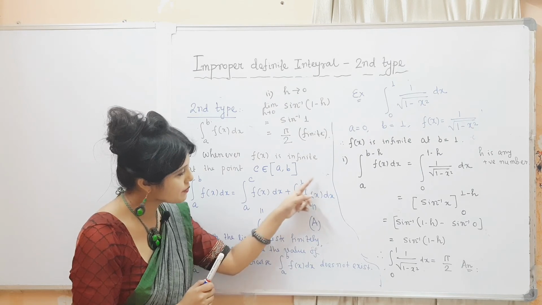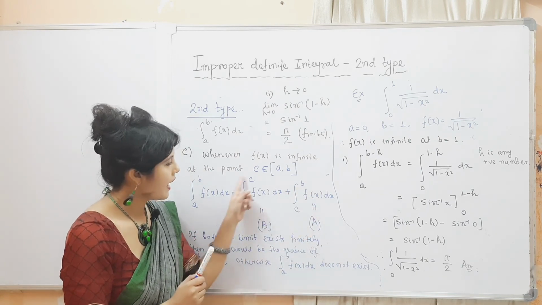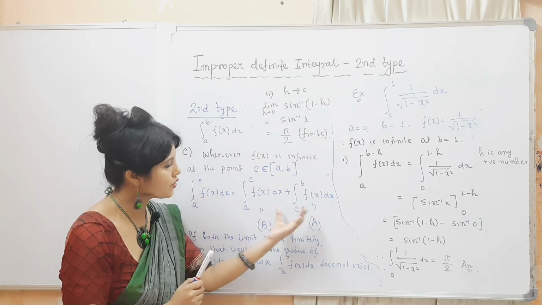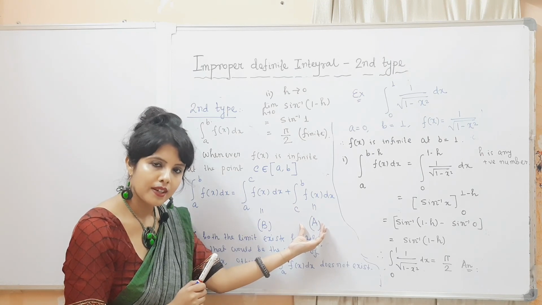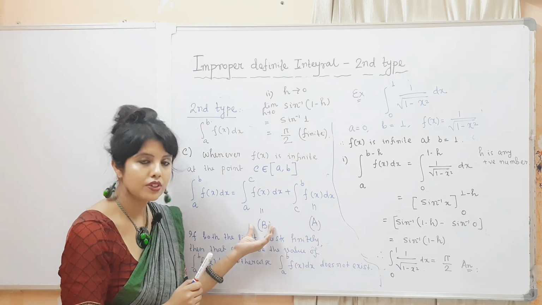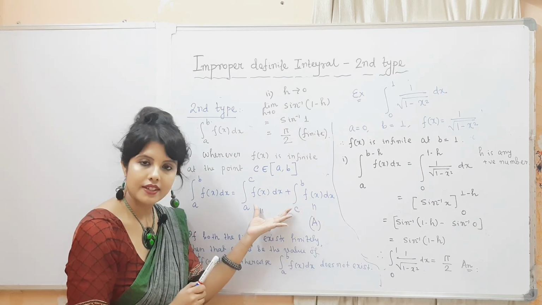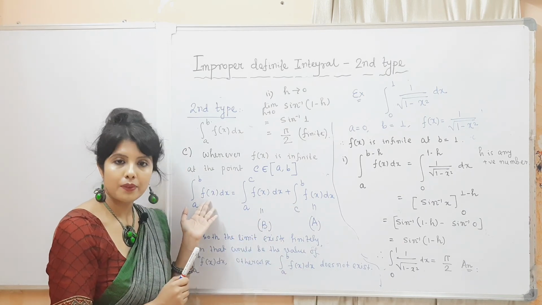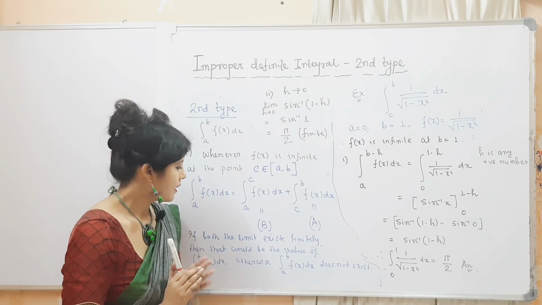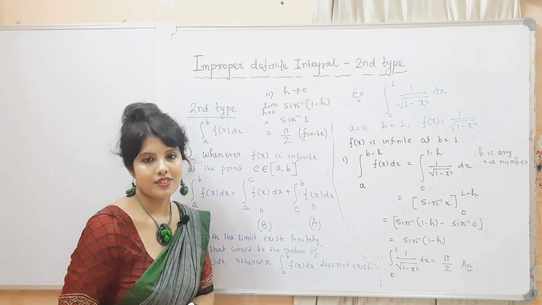This portion is just like section A and this portion is just like section B. So you have to compute them by the methods of section A and section B, and if both the limits exist finitely, then that would be the value of the integration. Otherwise the integration does not exist.